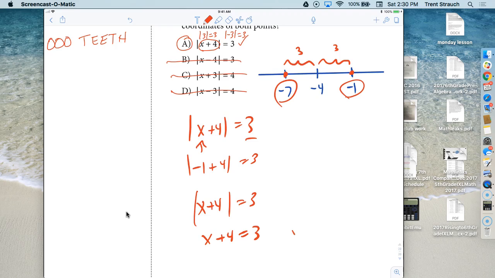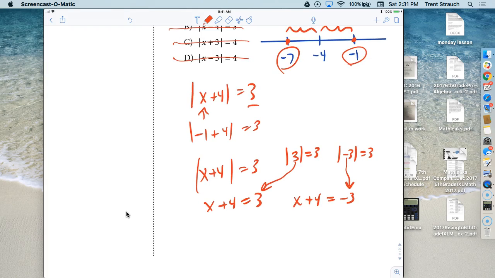Then you say x plus 4 can equal what? Negative 3. Now why do we do that? Because the absolute value of 3 equals 3, and the absolute value of negative 3 equals 3, agreed? So what's inside the absolute value can be 3, or it can be negative 3. And then just solve that normally.